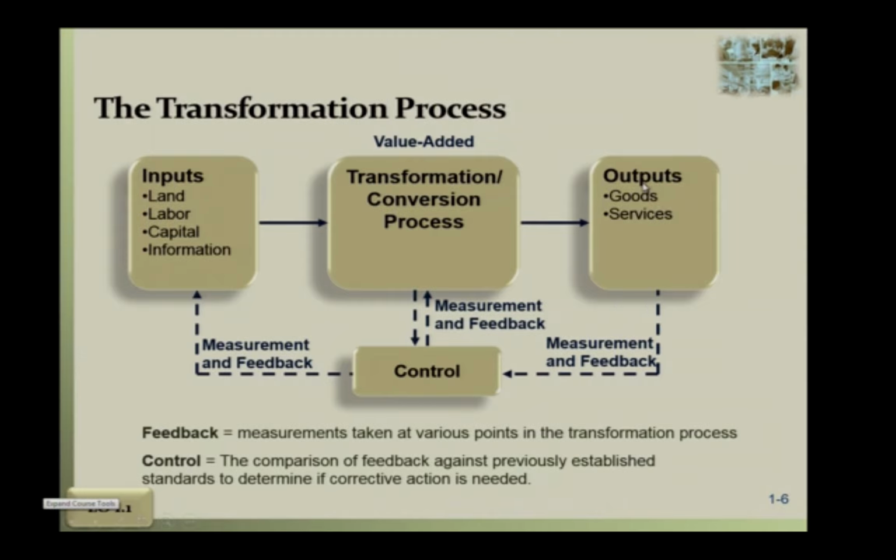And finally, there's an output of goods and services. And there's always feedback in order to measure performance. And we have a control area to control all these transformations. As you see, there's measurement and feedback that goes into the input, the transformation, and the output.